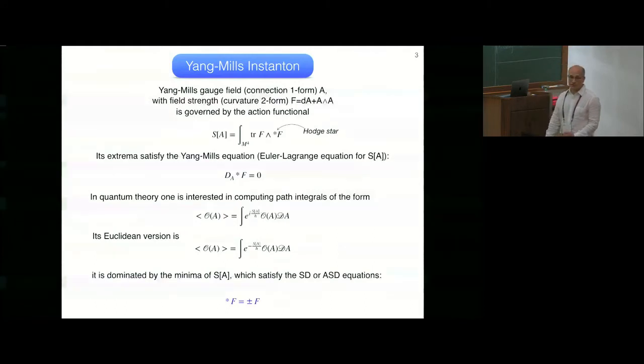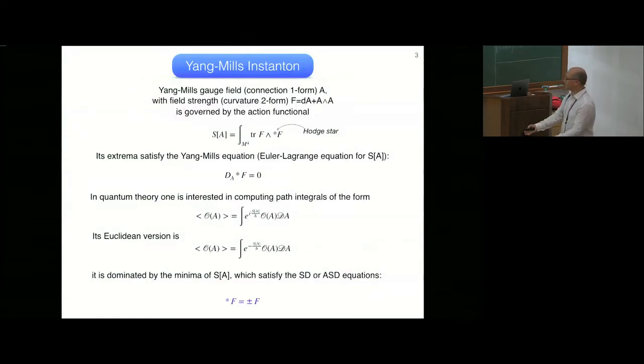So when we do quantum theory, instead of solving this classical equation of motion, we are rather interested in these types of integrals, where you have some expression in terms of the gauge field or its field strength, weighted by the exponential of the action and integrated over all fields.